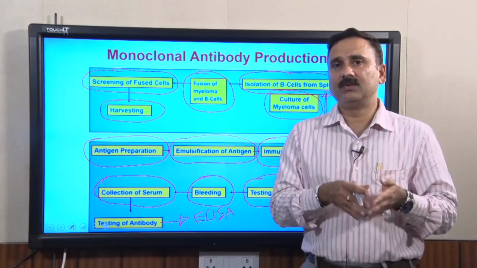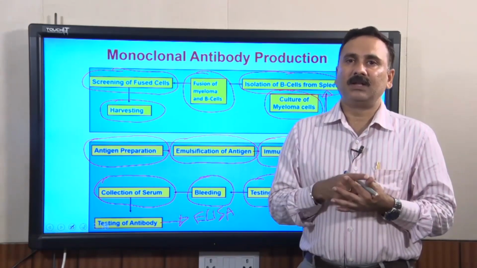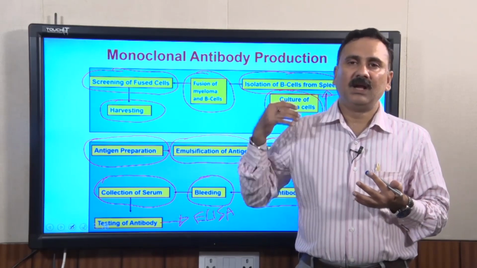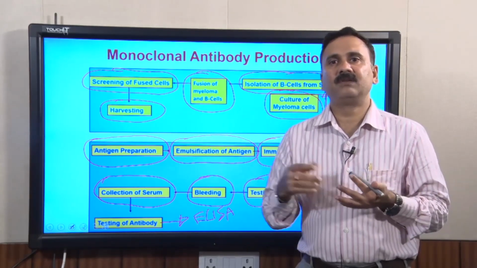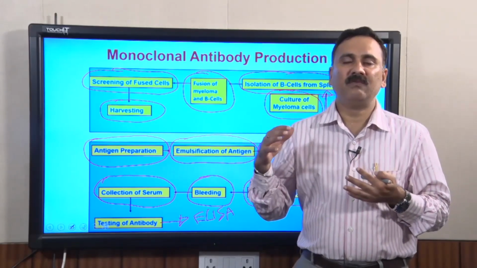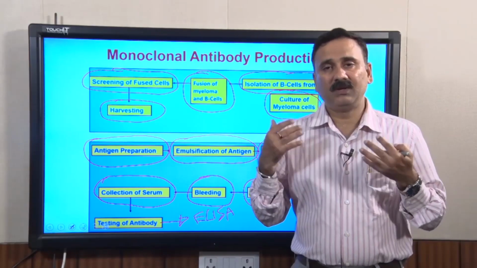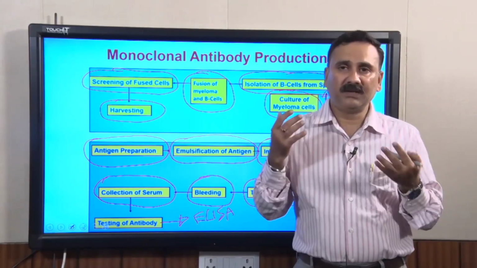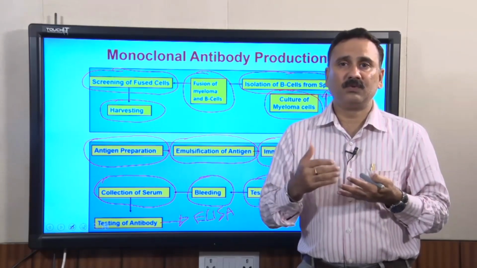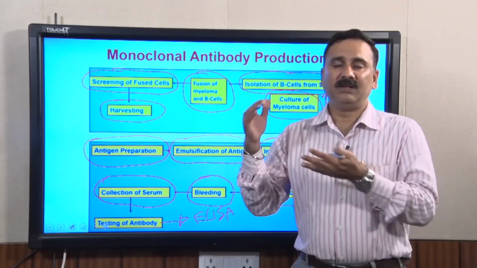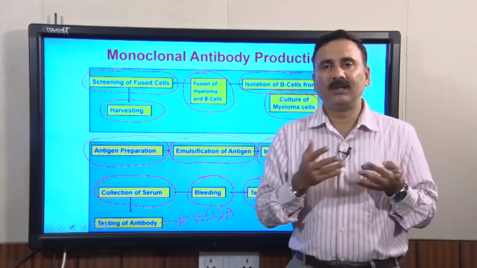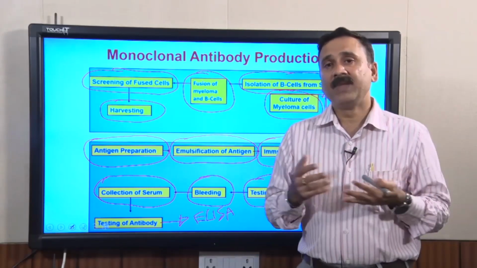So, now you can take this animal, isolate the B cells, and use them for fusion reactions with the myeloma cells, which will give you the hybridomas. There are some cells which are not going to be fused, so you have to do a screening with the help of a media called HAT media, and HAT media is going to kill all the cells which are not fused.